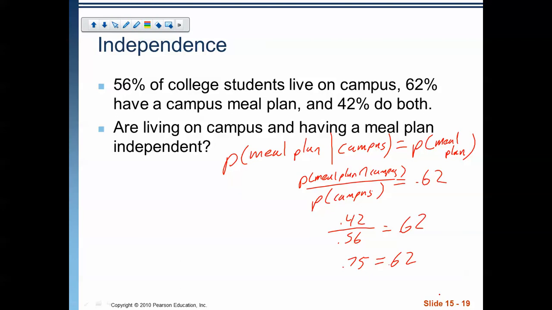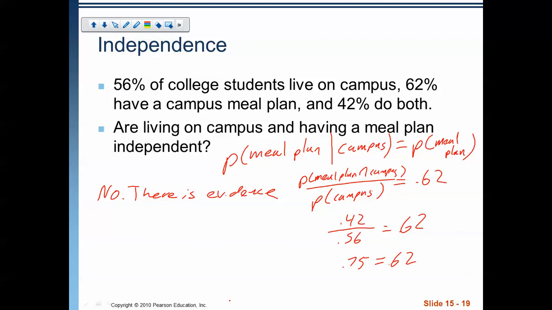So, are these things independent? No, they are not. There is evidence. And notice how I'm not saying no, they're not independent, because that would be really definitive, and we try not to be definitive when we're giving results and statistics.